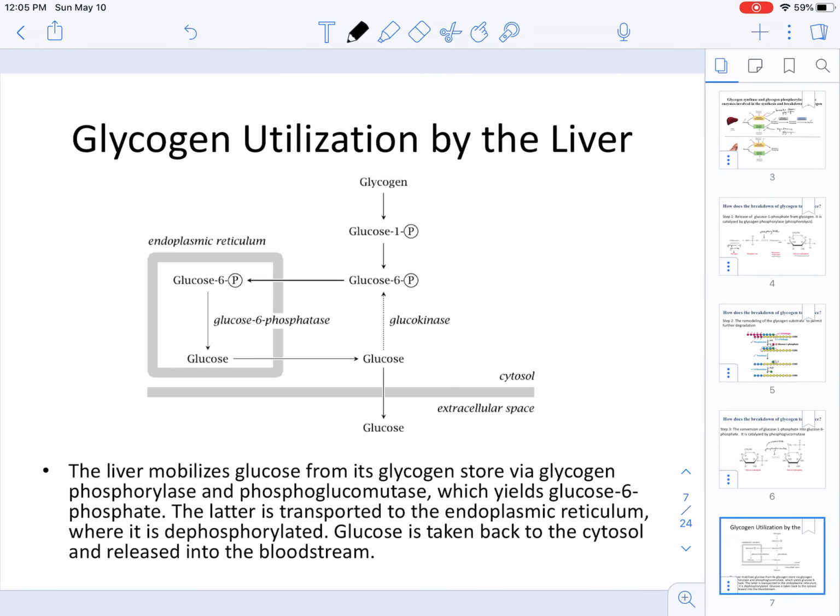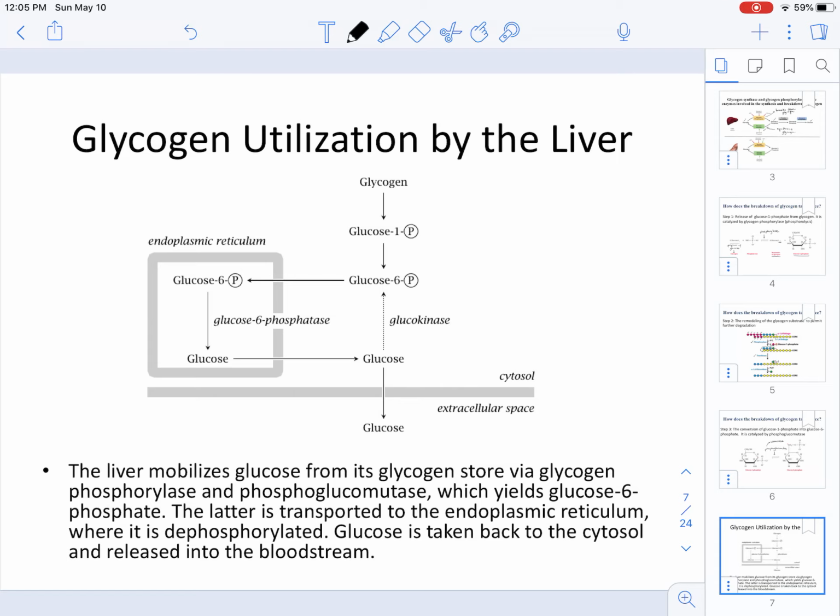Understand that glycogen utilization is going to look different in the different organs that specifically store glycogen. When we look at glycogen utilization in the liver, understand that the liver is going to mobilize glucose from its glycogen storage via the phosphorylase reaction that we just discussed.